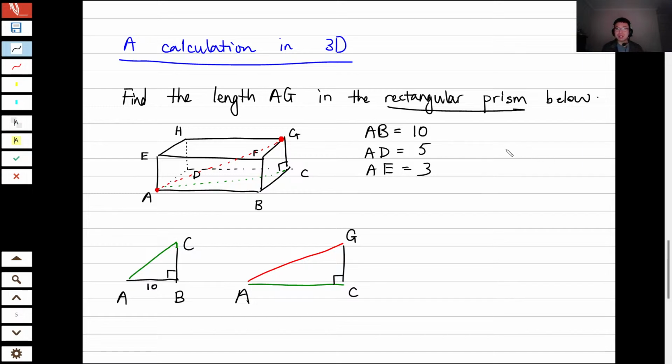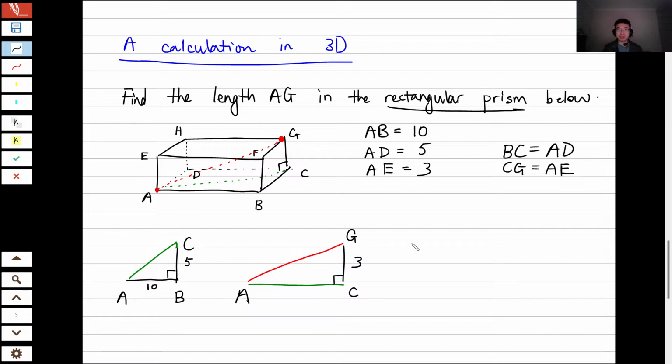In this case, BC is parallel to AD, which means BC is 5. Finally, CG. Do we know CG? It's not labeled here, but again, CG is parallel to AE, which means CG equals 3. So, if I can figure out this green line using Pythagoras' theorem, then I can do another calculation using the green line and 3 to find the red line.